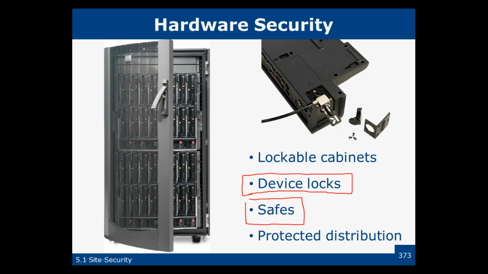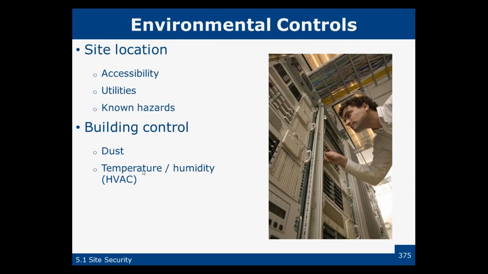Safes to store those things that need to be there, and then protected distribution. How are we going to send a number of things to different locations? Site location, accessibility may be an issue.